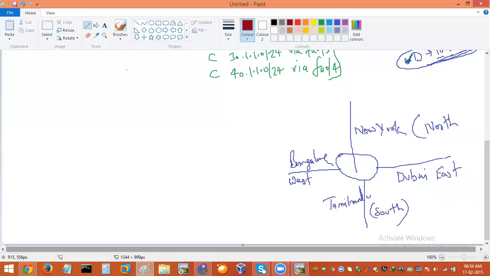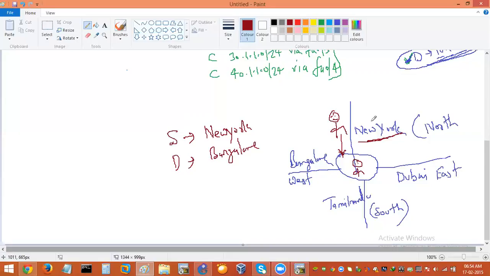So when you have something like this, now let's say someone is coming to you, you were standing here, and someone came to you from this direction, and he was coming from New York. The source he was coming from was New York, and the destination he was trying to go to was Bangalore. So that guy will be arriving on this direction.